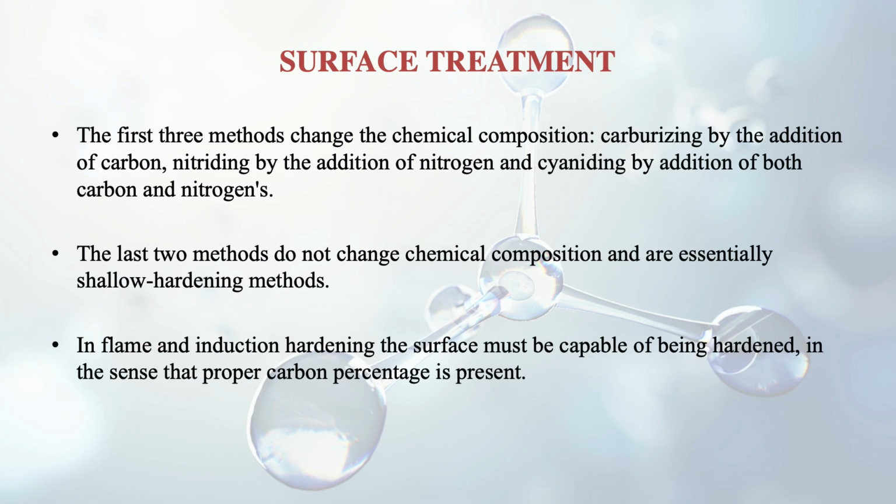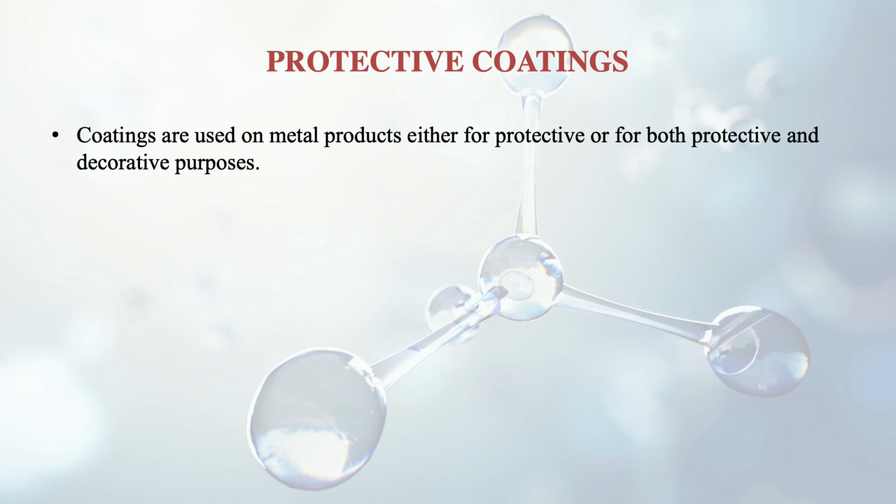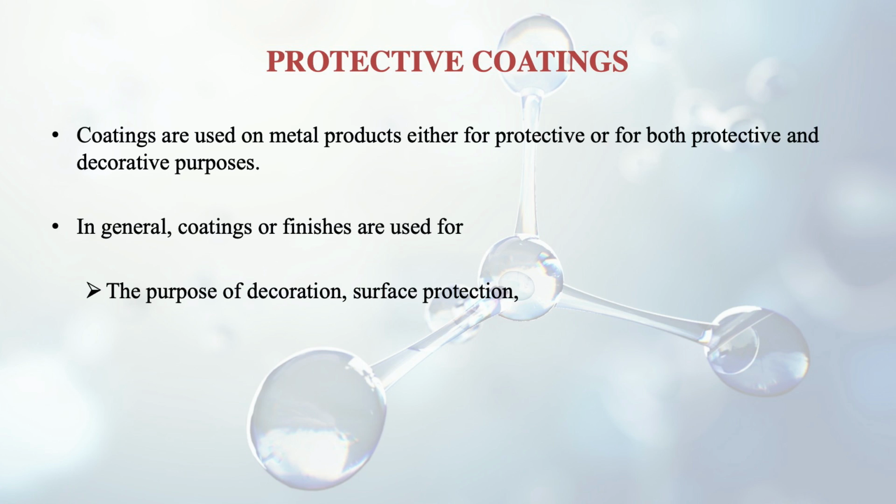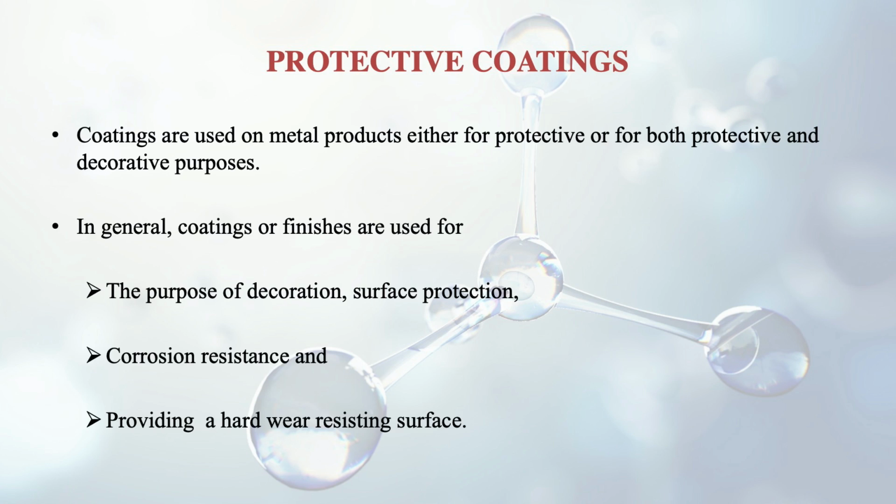So what are coatings? Coatings are used on metal products for protective or for both protective as well as decorative purposes. In general, coatings or finishes are used for decoration or surface protection, for corrosion resistance, and also for providing hard, wear resisting surfaces.